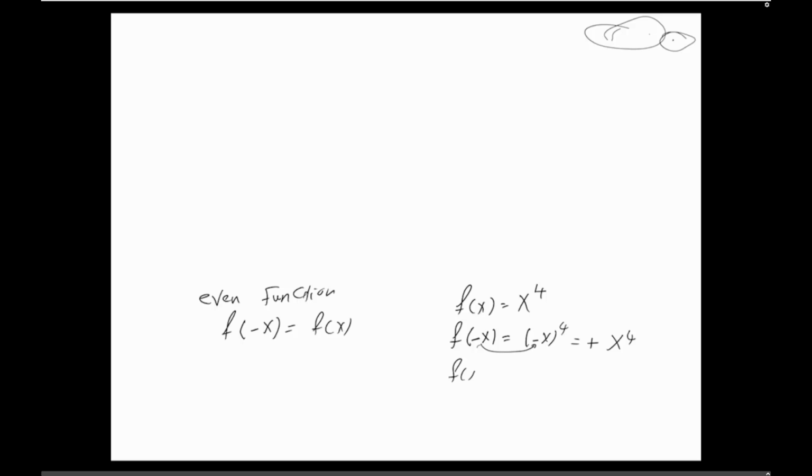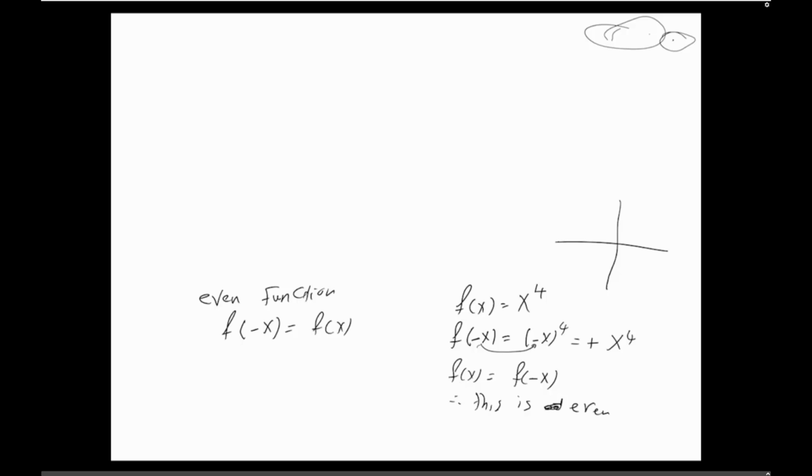So f of negative x is equal to f of x, and this function is even. And when we have a function that's even, it will be symmetric with the y-axis.